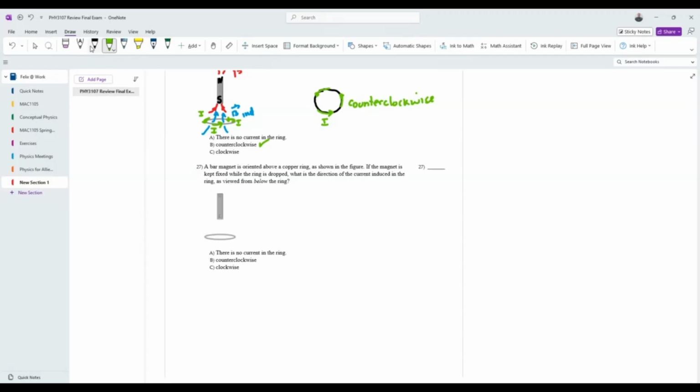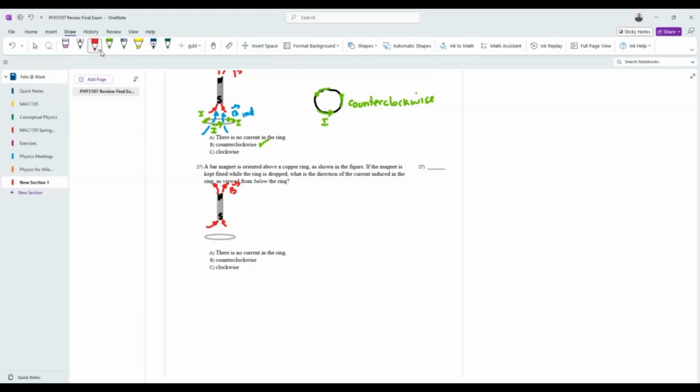So we have basically the same thing, because now the magnet is staying in the same place, but the ring is being dropped. Anyway, there is a decrease in the magnetic field across the section of the ring.